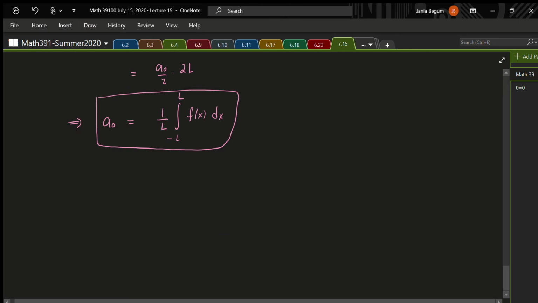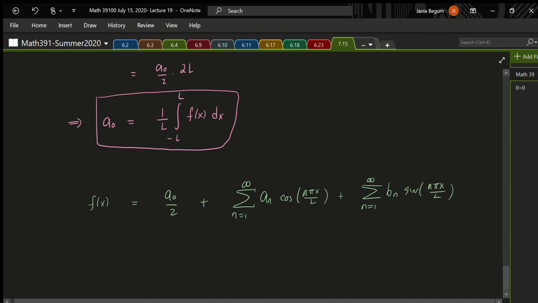So we know f of x is equal to a0 over 2 plus the sum from n equals 1 to infinity of an cosine of n pi x over L plus the sum starting at n equals 1 to infinity of bn sine of n pi x over L. And now here's what we're going to do.